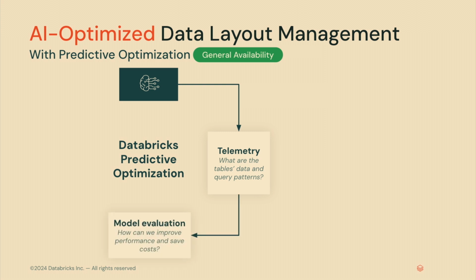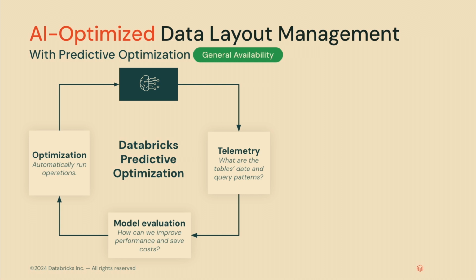And then, predictive optimization can learn and adapt to your data access patterns. Our data intelligence engine can learn from your usage patterns over time and make sure that your data is always stored in the most efficient layout, translating to cost savings and performance gains without any manual intervention from you.